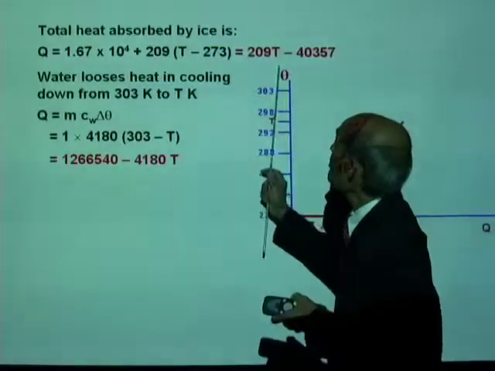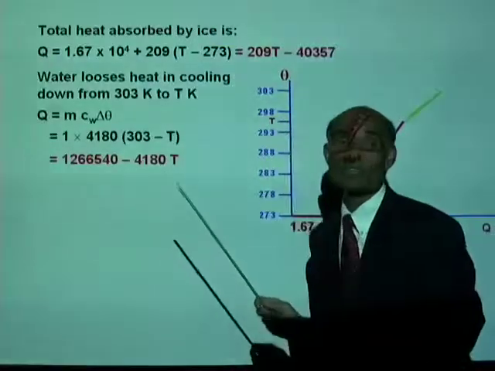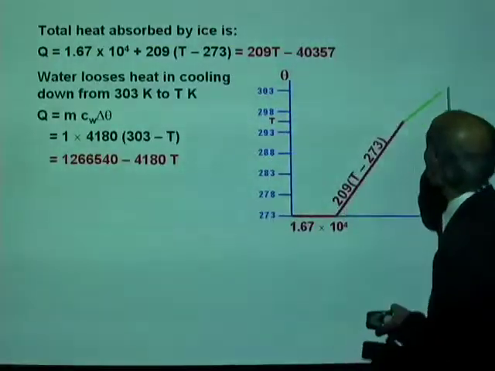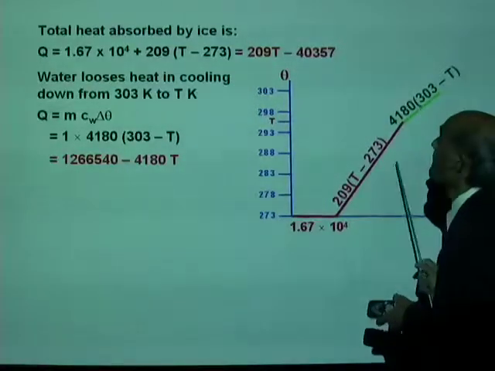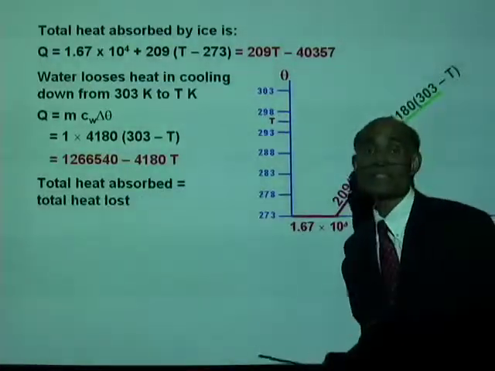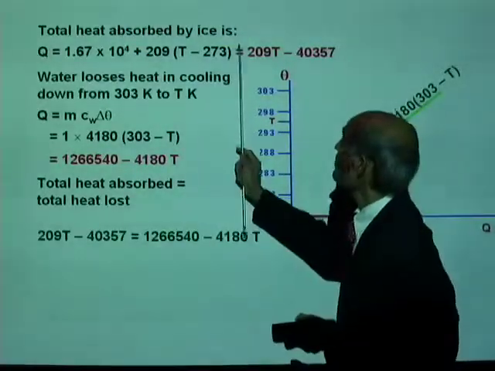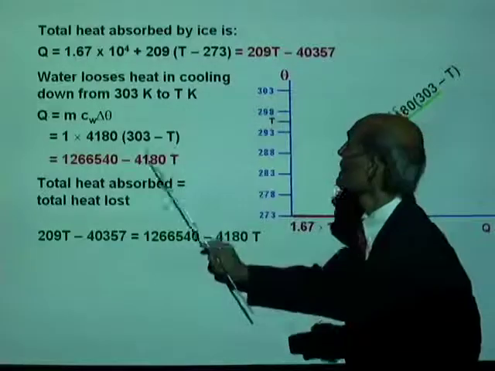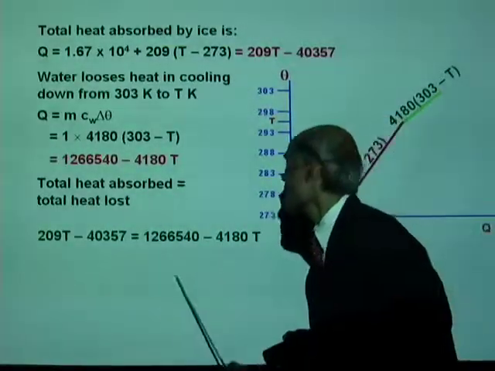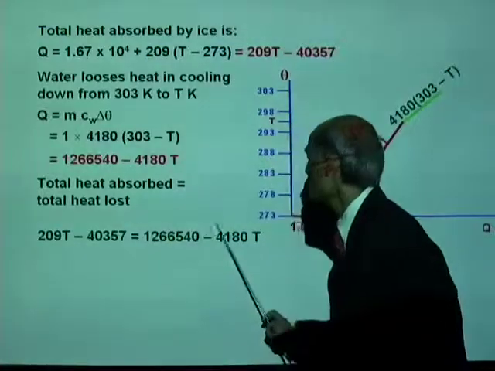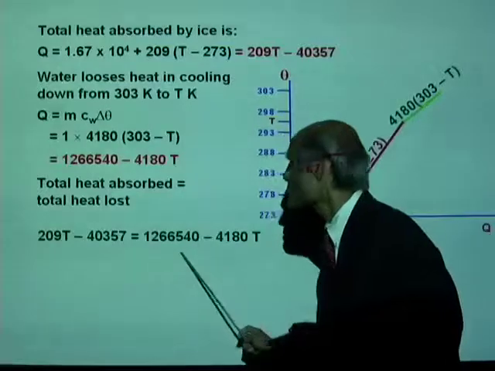And now what do we do? The total amount of heat absorbed equal to the total amount of heat lost. Well, this is the amount of heat lost by the hot water. The total heat absorbed equal to total heat lost. That means this quantity equal to this quantity. What all you need to do is combine terms containing T, move this to the left and move this number to the right.